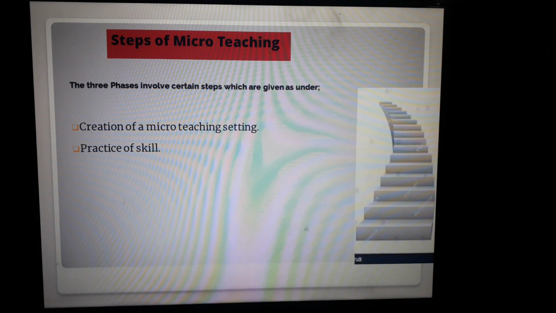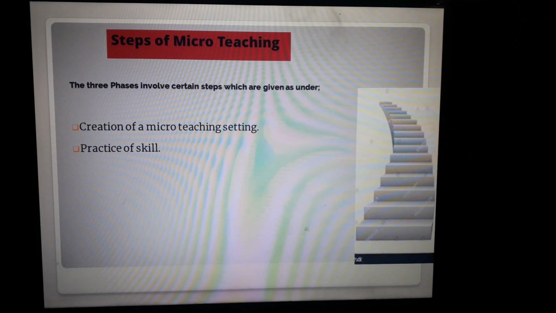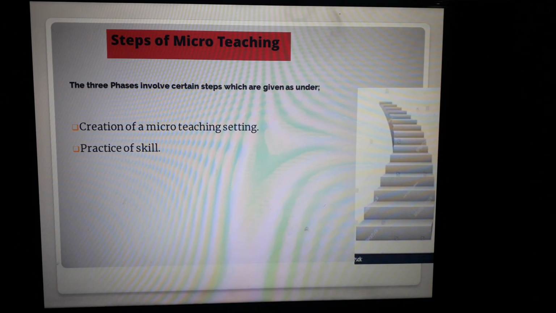Number of people should be 5 to 10. Which types of people will attend? Only real people will attend the class. Type of supervisor, already I discussed, teacher and the peers both are supervisors. Time duration of micro lesson should be 5 to 10 minutes.